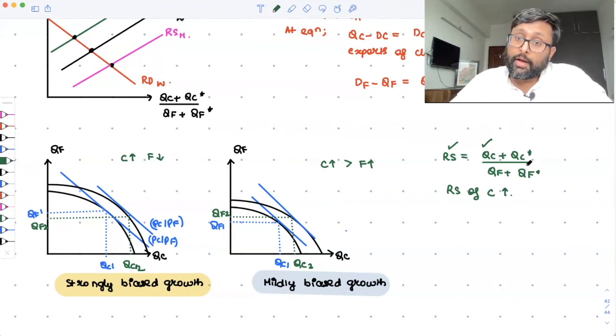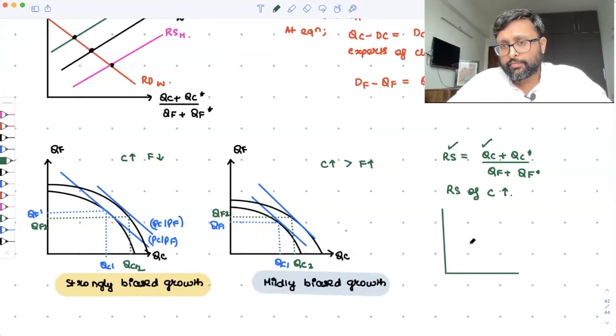So what is going to happen when the relative supply of the cloth is going to increase? The supply curve is going to shift downwards. Supposedly, I'm very quickly drawing this. This was my relative demand curve. This is my relative supply curve.